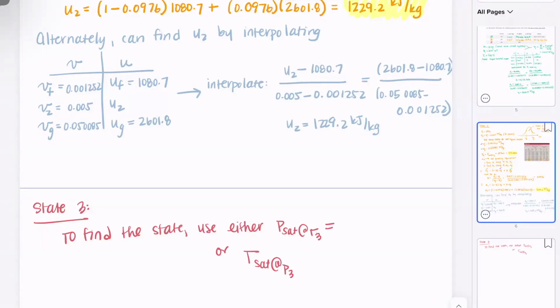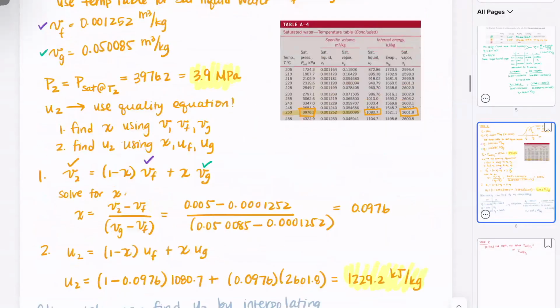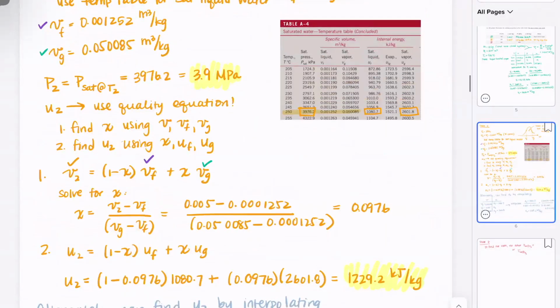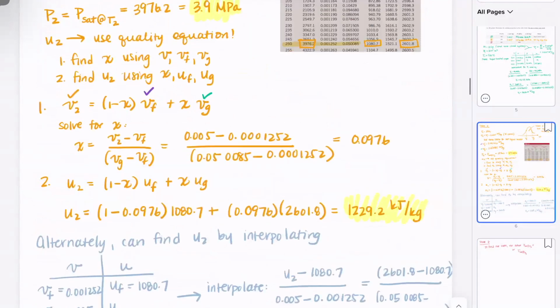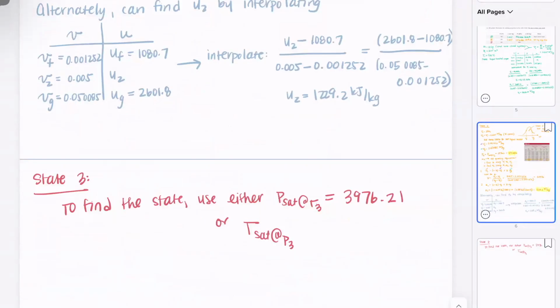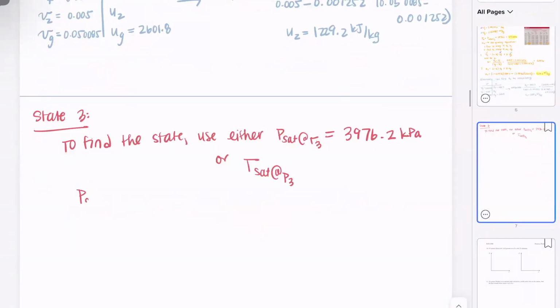We already have PSAT, so let's write that down then. We have 3976.42 kPa, right? And since PSAT at T3 is less than P3, that means that this is a compressed liquid.